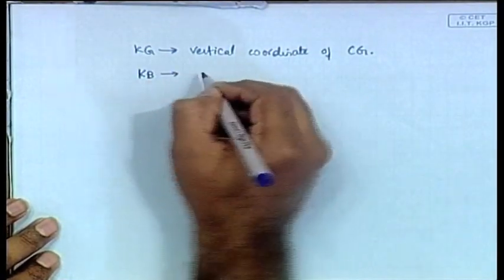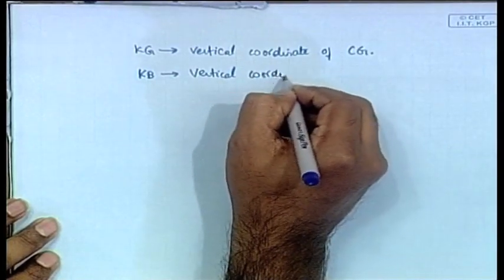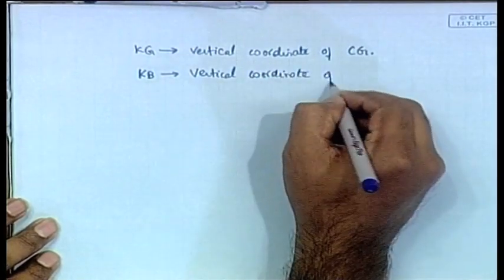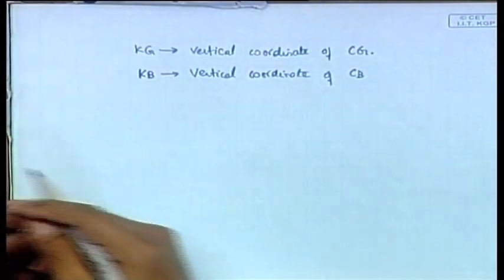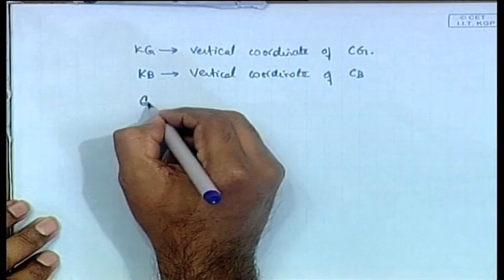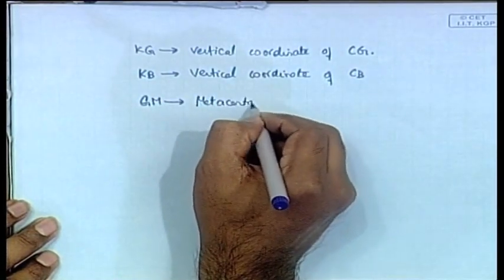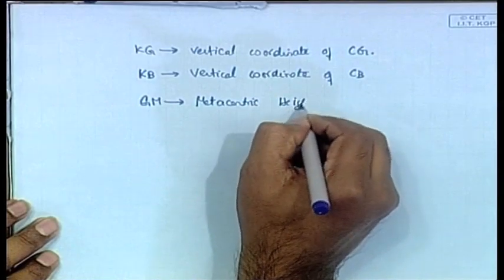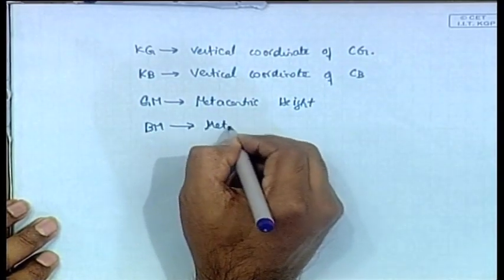KB is the vertical coordinate of the center of buoyancy, CB, and you automatically have your BM, and this GM is known as metacentric height, and BM is known as metacentric radius.